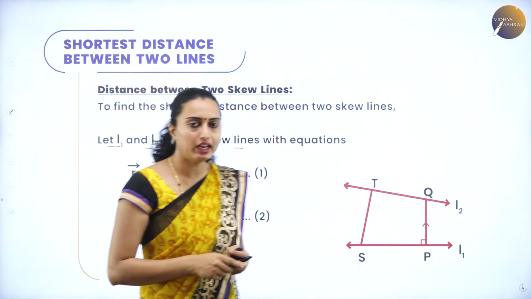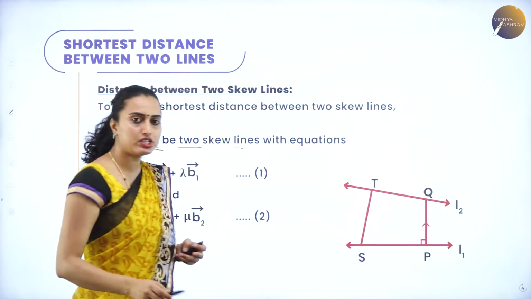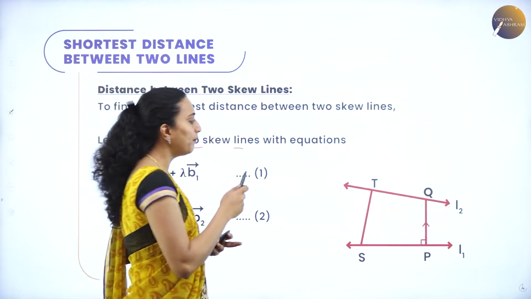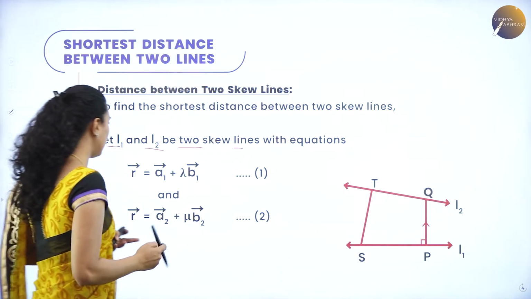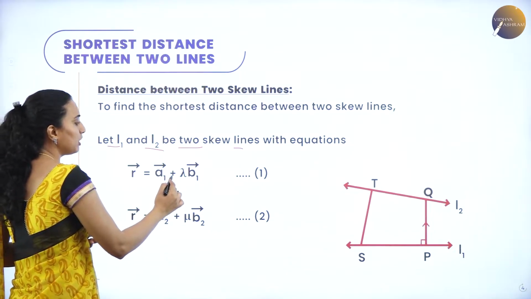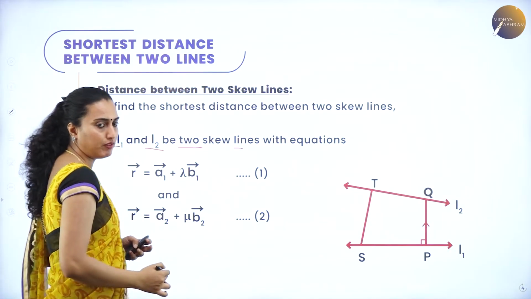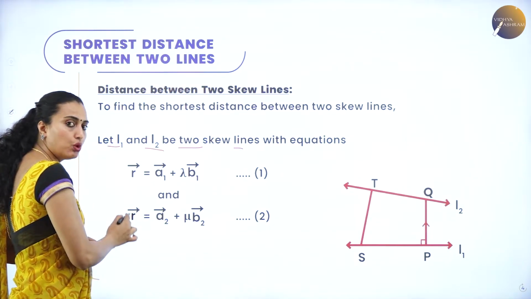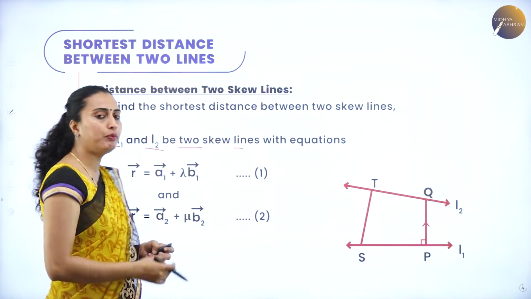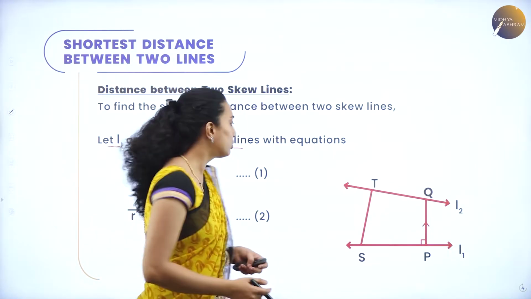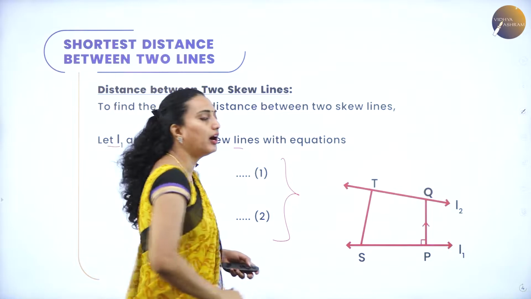For line 1, let it be the a1 vector, and for line 2, let it be the a2 vector. Similarly, r1 vector will be equal to a1 plus lambda into b1 vector, and for line 2, r2 will be equal to a2 plus mu into b2 vector. These two equations you have to remember.